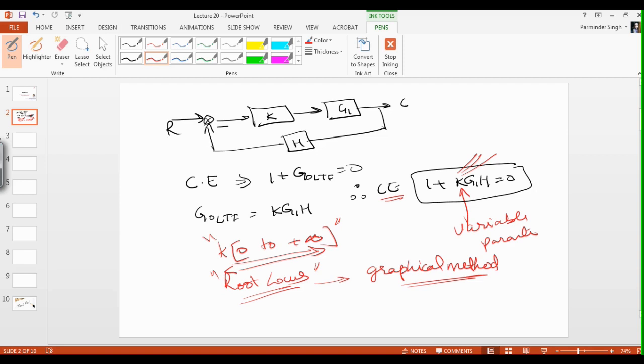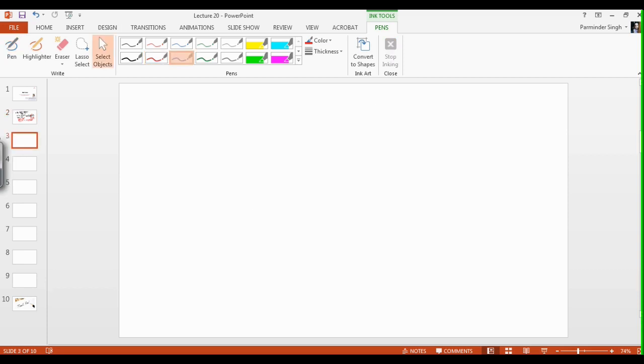Now there are certain rules which we should be familiar with before we start plotting a root locus for any given system. There is a set of rules which are to be followed. Rules for root locus are very important, because they are to be followed one by one, and only then will we be able to plot our root locus.